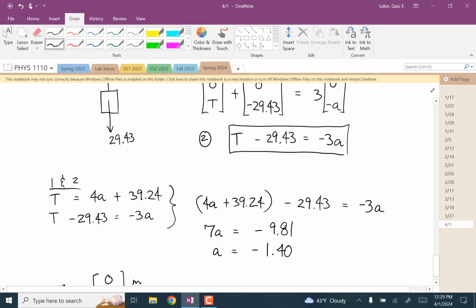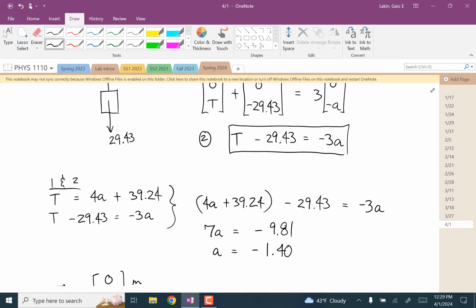So 4 times negative 1.40 plus 39.24, and you get the tension as 33.64 newtons.